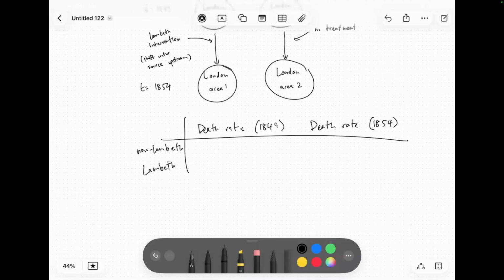Prior to the intervention, 134.9 and 130.1. This is area 2, this is area 1. And actually in area 2, 146.6. And in area 1, it went down to 84.9.